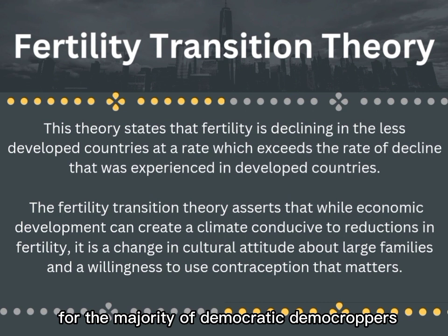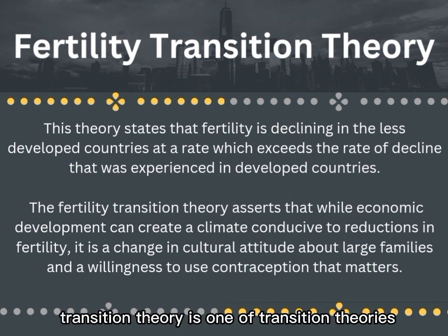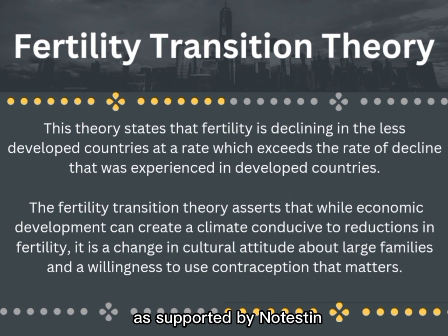For the majority of demographers, fertility transition theory is one of the transition theories, as reported by Notestein and Thompson, 1930, Chapter 8, 1953.